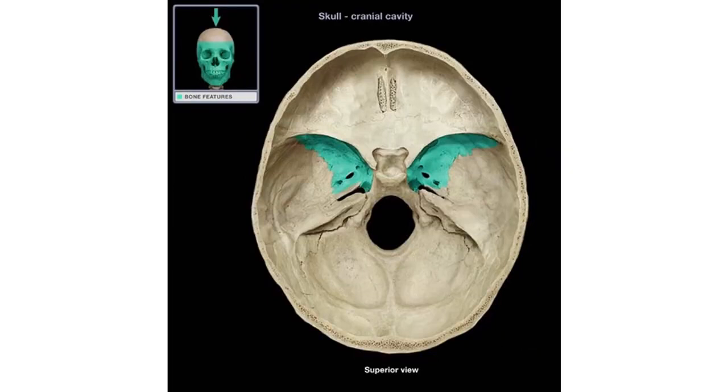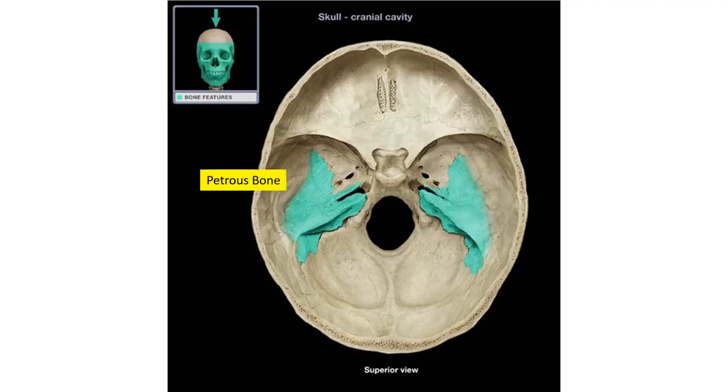Now we know what structure this is. This is the greater wing of the sphenoid. Now, in which cranial fossa are we? We are in the middle cranial fossa, and what completes the structures of the middle cranial fossa is the petrous part of the temporal bone, that we could not see from the lateral view.